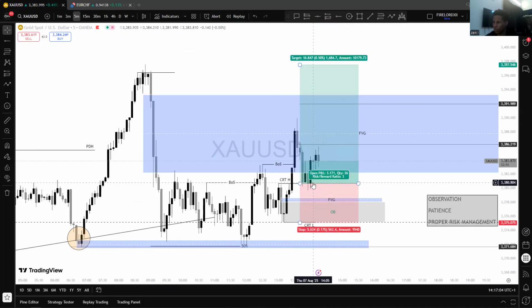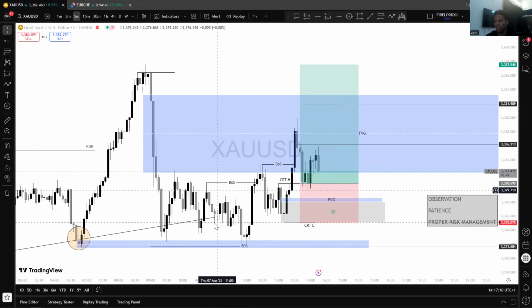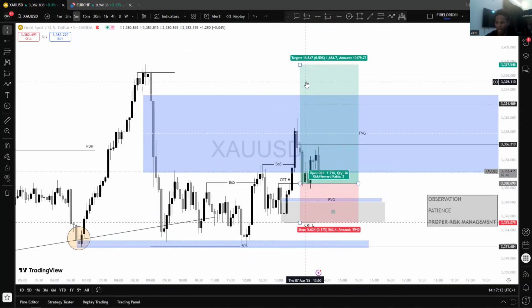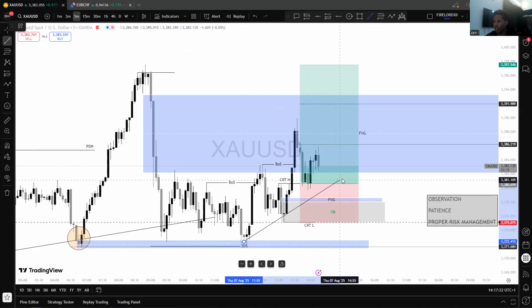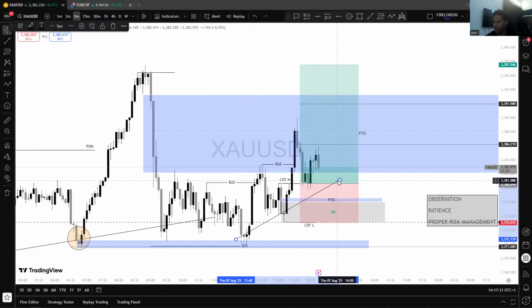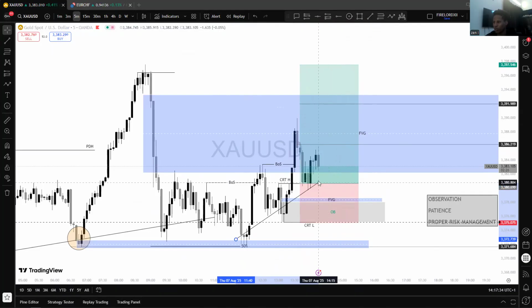The reason I put it all the way up here is that I feel we might get some buys. They might not be long, but we might get buys, because we've seen the birth of a new trend.